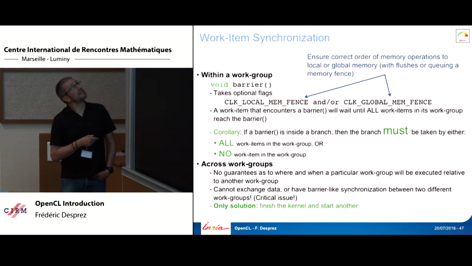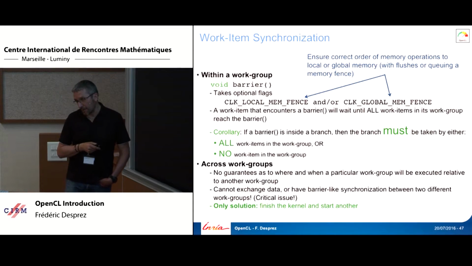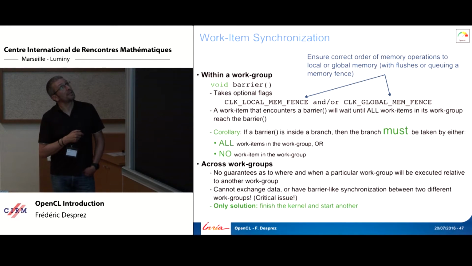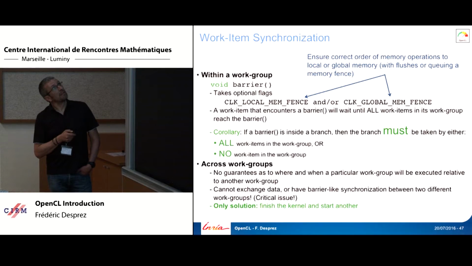So to have this synchronization within a work group, you can have, as I said, calls to the barrier functions with a local memory fence or global memory fence to ensure this memory consistency. And if a barrier is called inside a branch, if you have an if, you have to make sure that the branch is taken either by all the work items of the work group or by none of them.